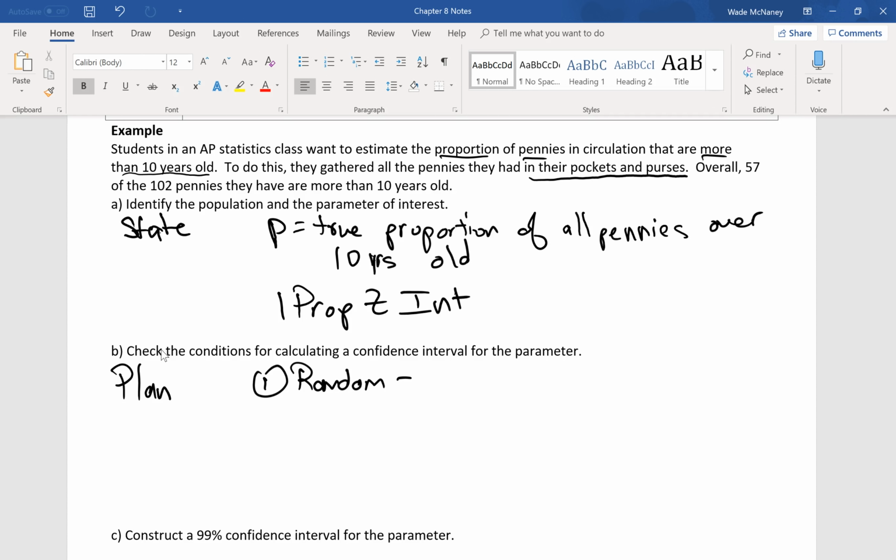Maybe they intentionally were at home looking through their pennies or their coins to find ones that were over 10 years old. They may have done that. So technically, this probably isn't random enough. So really, we probably should stop. However, because I want to go ahead and do this problem, we're going to say that yes, the pennies that were in their pockets and purses, they probably didn't have any control over it, so it's random enough.